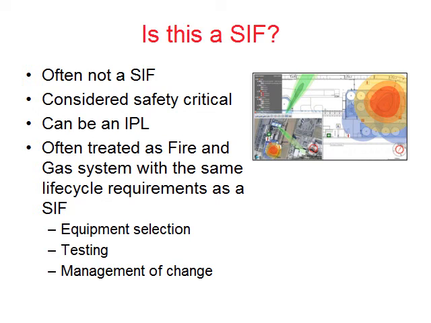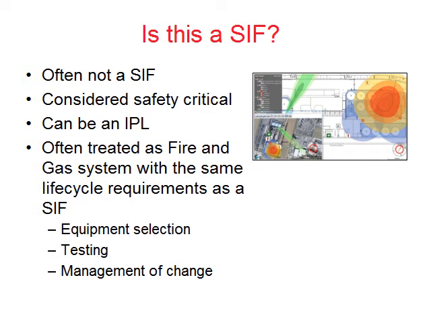It can be a layer of protection, so it might not prevent the leak, or you still might have a fairly large leak by the time you're sure you'll detect it. But you can alarm and train your folks and indicate people need to evacuate. Often treated as part of the fire and gas system with the same life cycle requirements as a SIF.